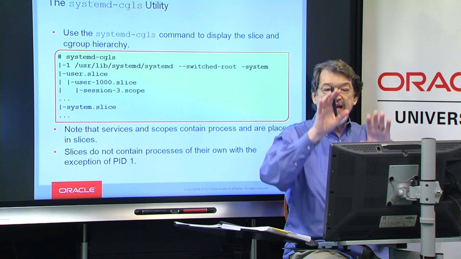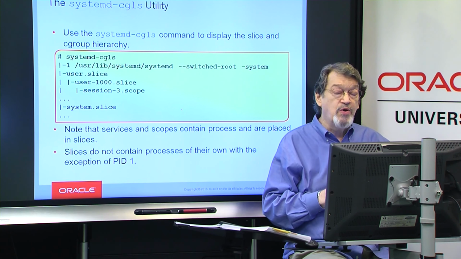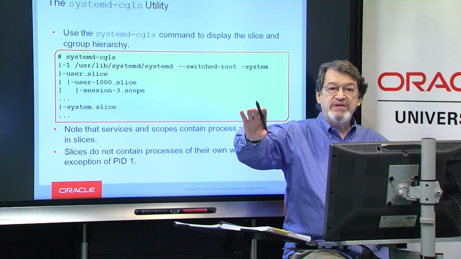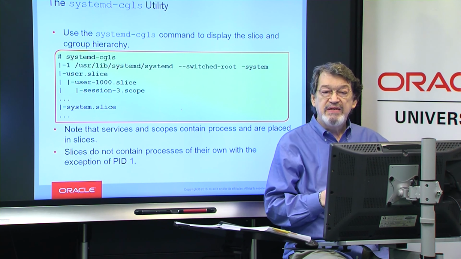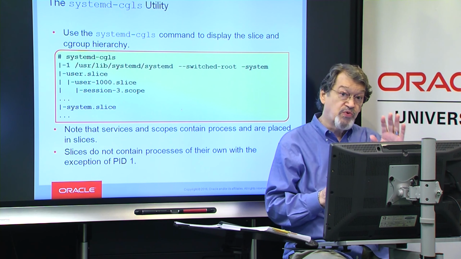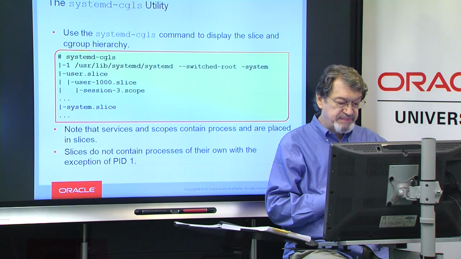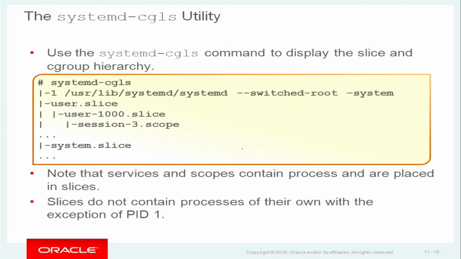And so what you got to do is have a couple of different windows open, one running one series of commands and one running the systemd-cgls command as root. Okay? And you notice slices do not contain processes of their own, with the one exception of systemd.